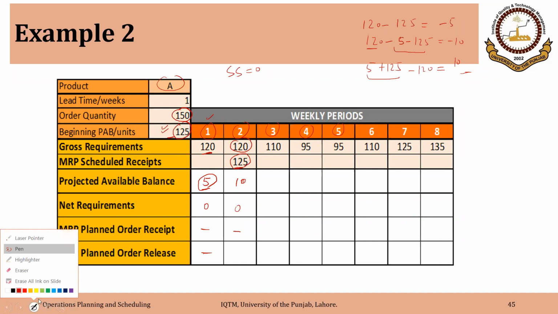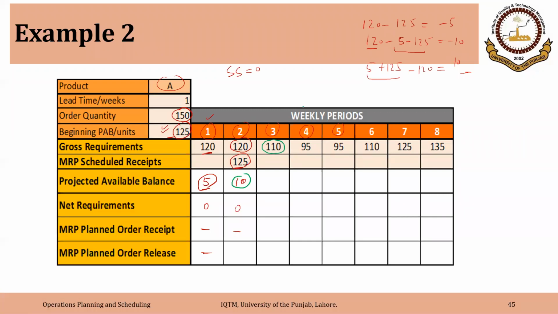Now we have an inventory of 10 and there is a requirement of 110. So we are having a positive net requirement, that is 110 minus 10. This is the gross requirement minus what we have at hand. So that is 100. So we are having a net requirement of 100 in week 3.